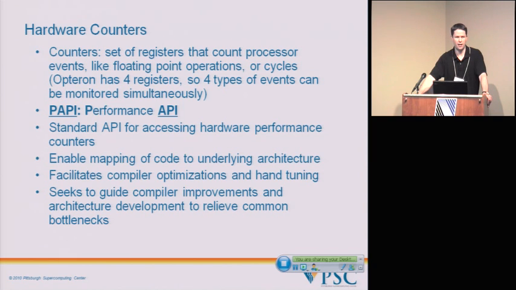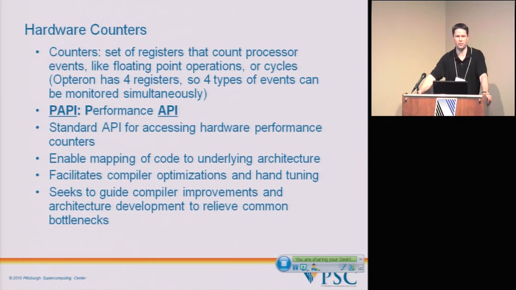They can count floating point operations, or number of cycles, or cache misses. Different processors have different types of events that they can measure, and they also have different numbers of registers to hold them. For example, a modern Opteron has 4 registers for holding different types of hardware counters.